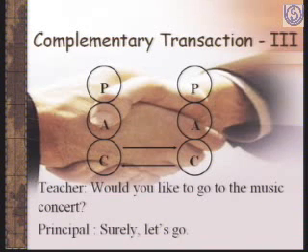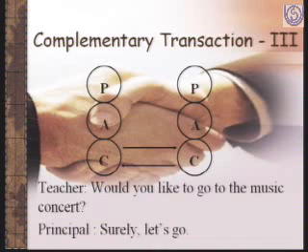Teacher: Would you like to go to the music concert? Principal: Surely, let's go. Now, how do we recognize that this comes from the child ego state? Because the teacher is asking a question to the principal, would you like to go to the music concert? See, this is something about pleasure, something about enjoying life. So the child ego state of the teacher is excited about the music concert in the town.